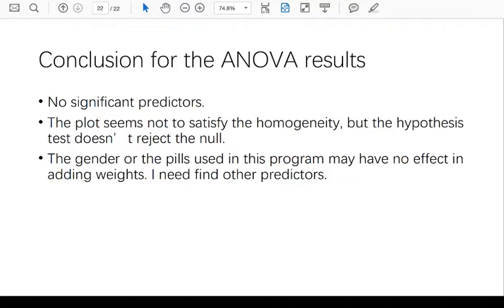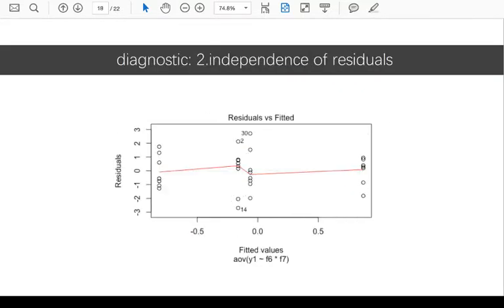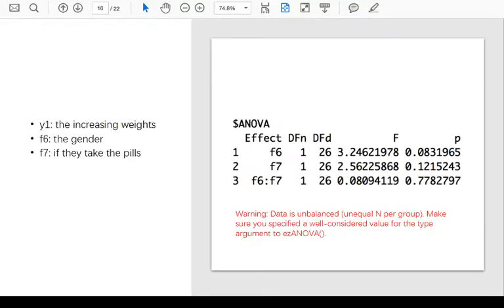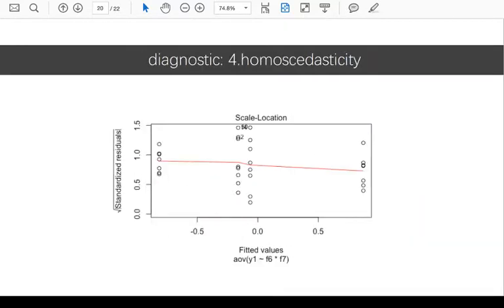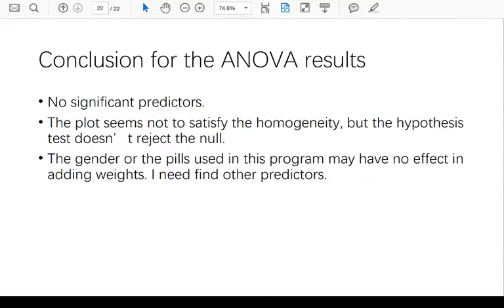And my conclusion for the ANOVA results is, unfortunately, I have no significant predictors. The p-values for those three effects are higher than 0.05. So, oh, I don't like ANOVA. The plot seems not to satisfy homogeneity, but the hypothesis test doesn't reject the null.